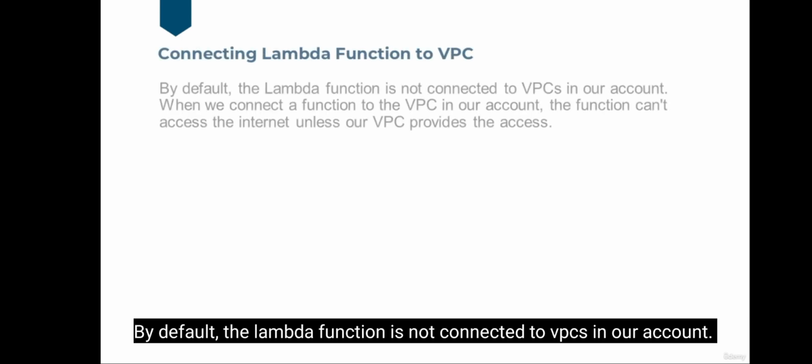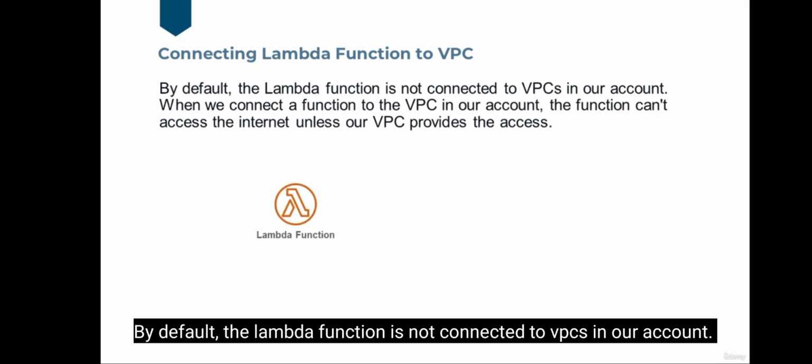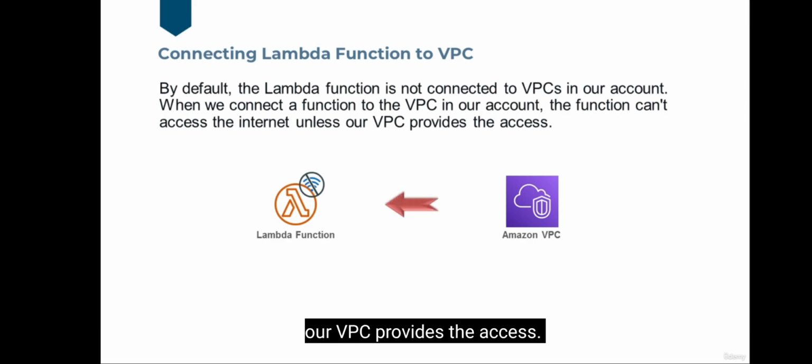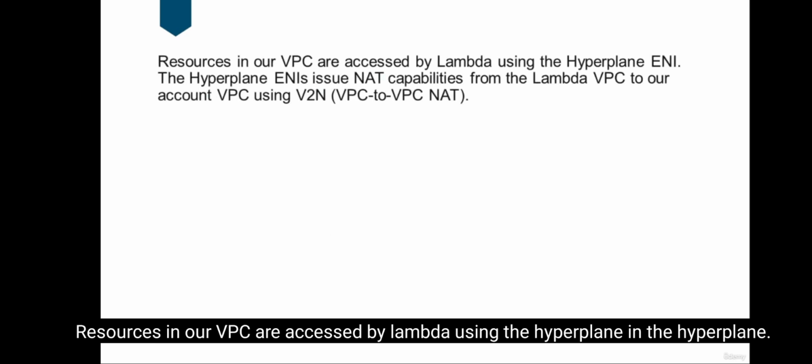Connecting Lambda function to our VPC. By default, the Lambda function is not connected to VPCs in our account. When we connect a function to the VPC in our account, the function cannot access the internet unless our VPC provides the access. Resources in our VPC are accessed by Lambda using the Hyperplane ENI.